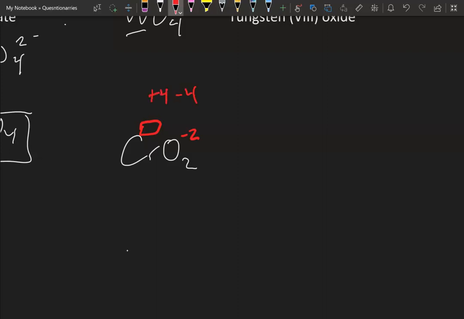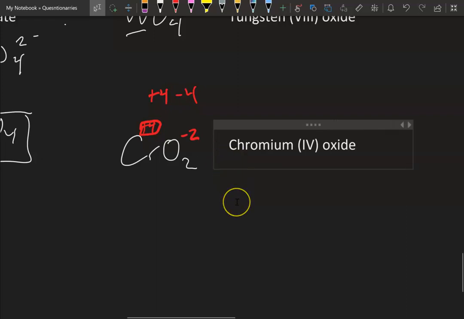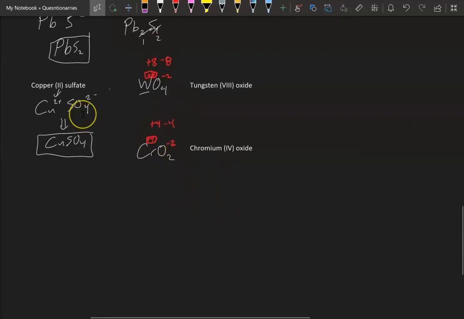That means this chromium has a +4 oxidation state. And so naming it, we're going to use a Roman numeral of 4 to signify the oxidation state for that chromium. So the name would be chromium(IV) oxide.